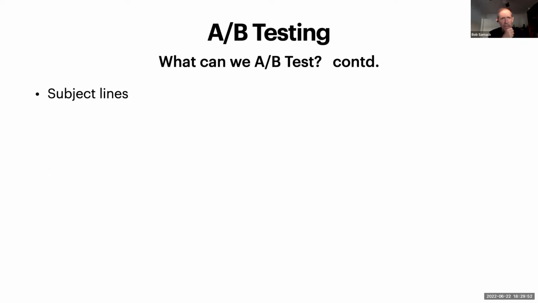Continuing. We can A/B test subject lines. Email subject lines directly impact open rates. If a subscriber doesn't see anything they like, the email will likely wind up in the trash bin. And I didn't mention this before, but you can A/B test emails and anything you send out to your customers. So this is one example, subject lines of an email. According to recent research, average open rates from more than a dozen industries range from 25 to 47%.